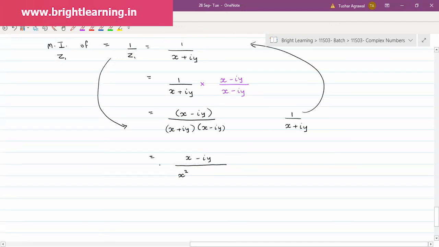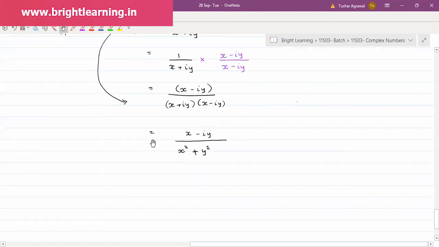You are again rewinding to the first step if you cancel it out. So this is x minus iy in the numerator, and then the denominator multiplication will be x square minus iy complete square. Iy complete square will be, changing the sign, x square plus y square.